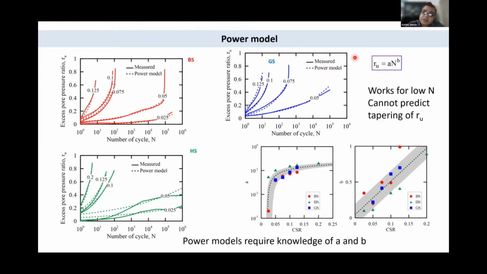There are other models, a power model, which has curve fit parameters A and B, and you can do this. The idea is to trace the excess pore pressure ratio against N. But again, this has limitations because you still are not able to connect.